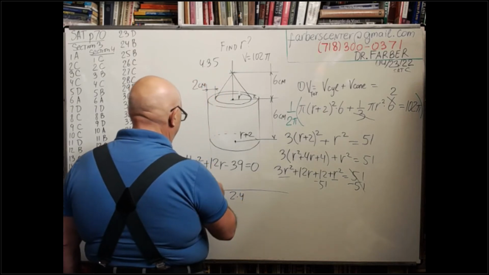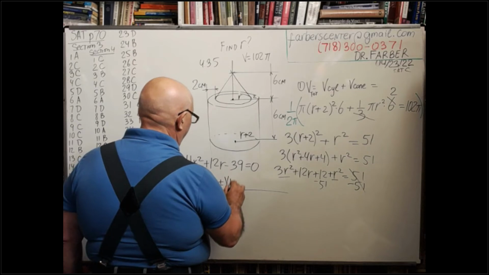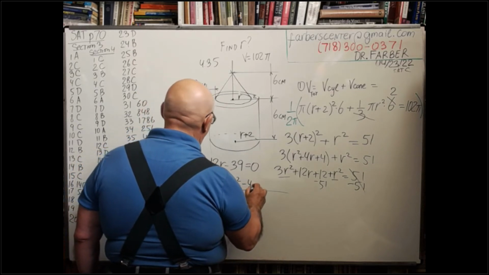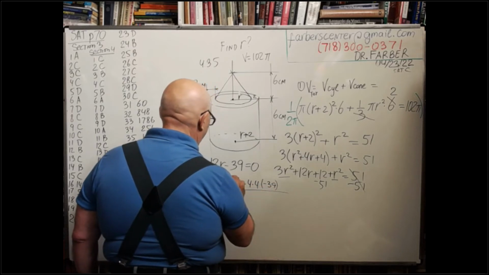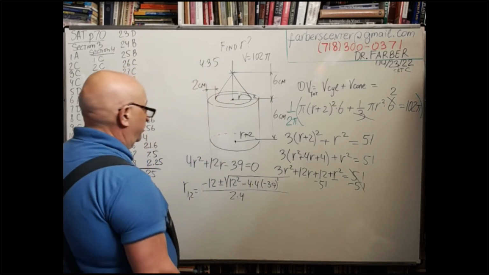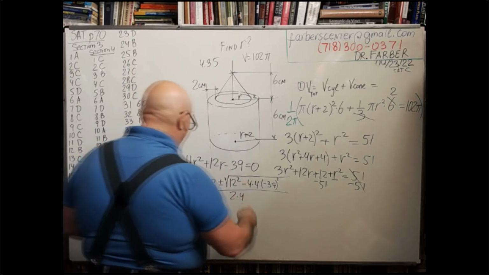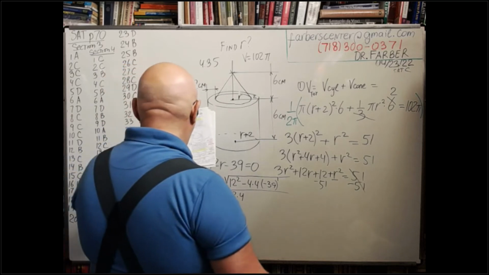The second is negative 12 plus minus square root of 12 to the second minus 4 times negative 39. Since you have quadratic, scientific calculators, 144, if you perform it, I did it.